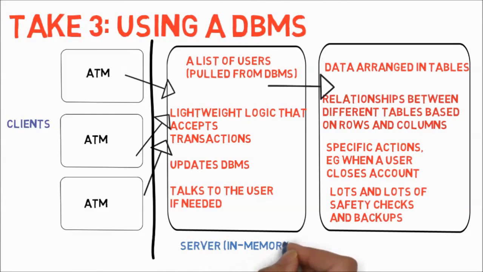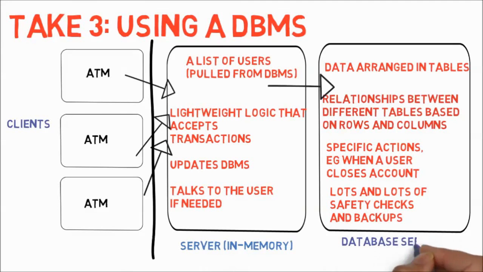This is because of the concurrent access that the database allows and the correctness that it maintains. The server reads data from the database, processes it in memory, and then writes it back to the database. And the data which is stored in the database server is always persistent.